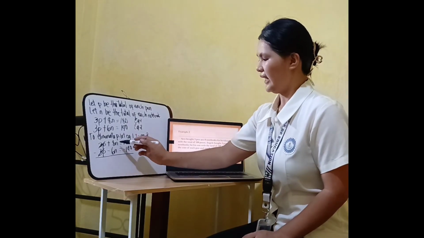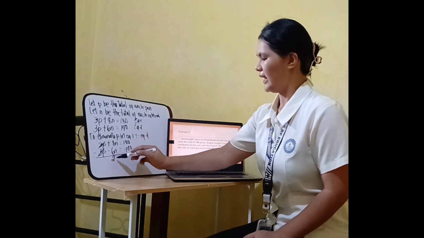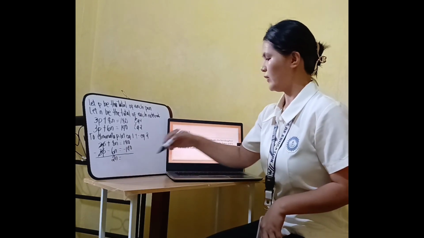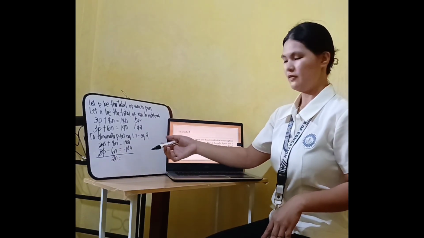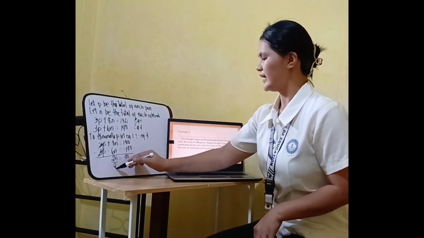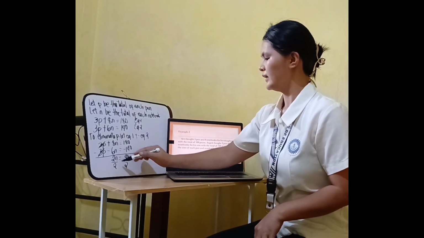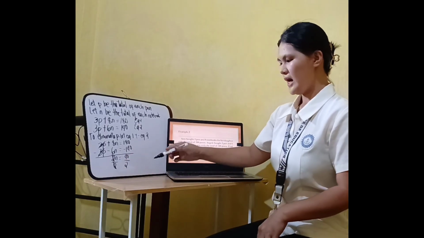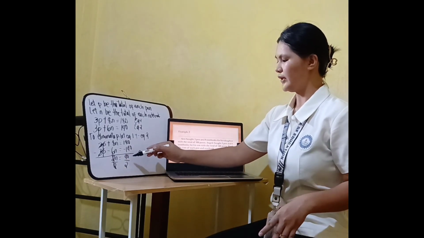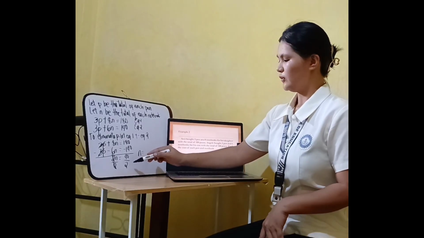So 8 minus 6, that would be 2N, is equal to 180 minus 140 is equal to 40. Divide both sides sa 2. Cancel out the 2. And N is equal to 40 divided by 2.